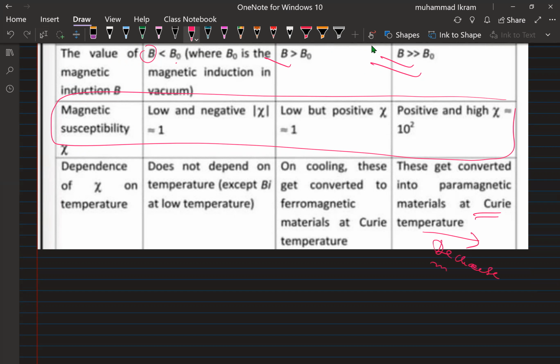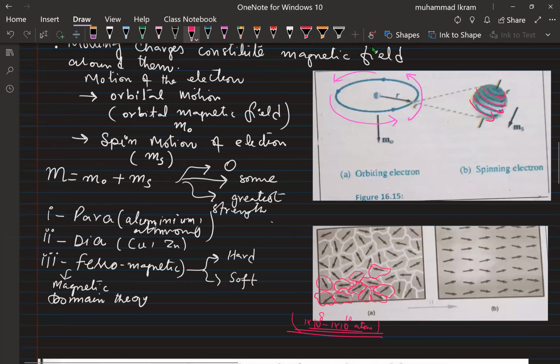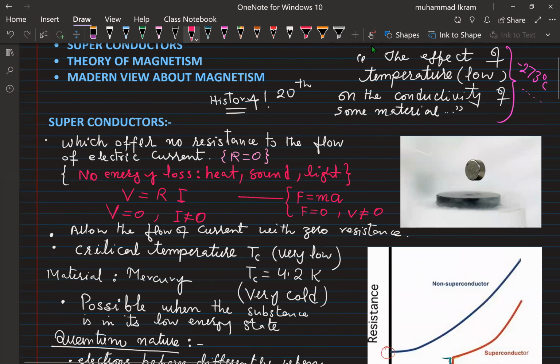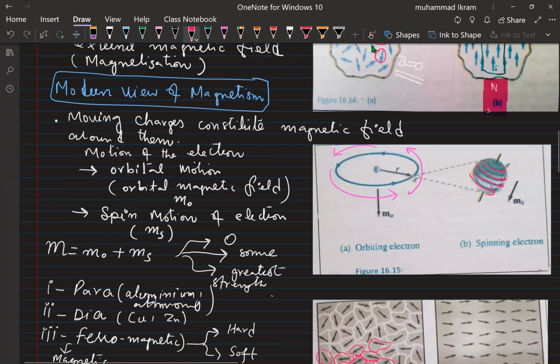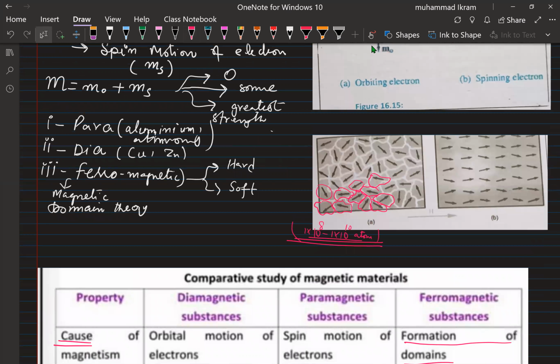Here you will see an increase in the magnetization force. The next important topic is magnetic hysteresis.